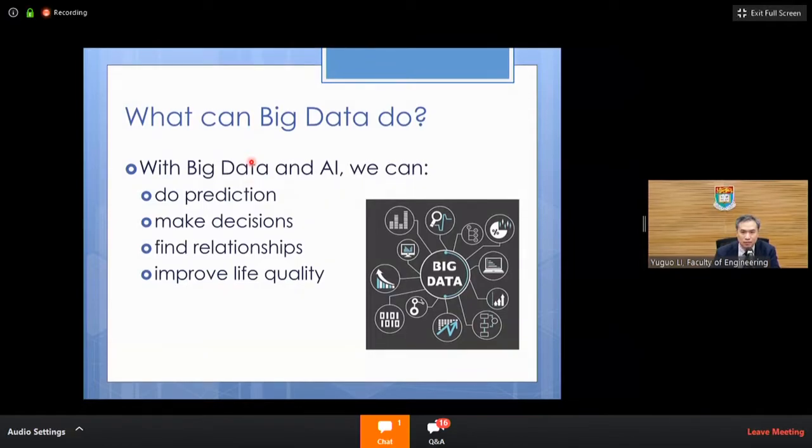People are interested in big data because it has been increasingly useful in different kinds of applications. Together with new and interesting machine learning or AI algorithms, big data can help us make predictions and decisions, find relationships between objects, and hopefully improve our quality of life and help us tackle COVID-19.